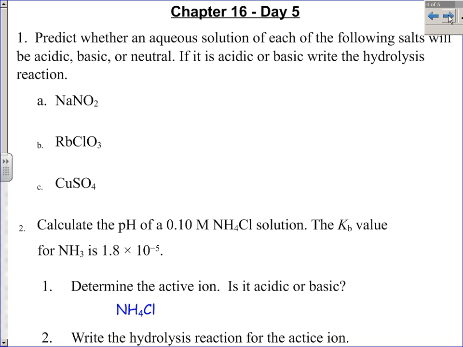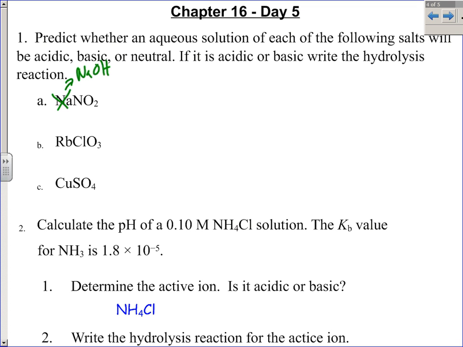Now the key to this is identifying what the ions come from, because if it's an anion or cation that is the conjugate of a strong base, it's negligible in acid-base behavior. So sodium comes from NaOH, which is a strong base. So this is the conjugate of a strong, and it's going to be negligible in acid-base behavior.